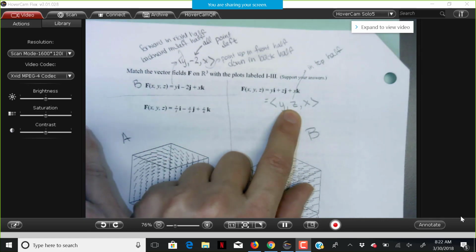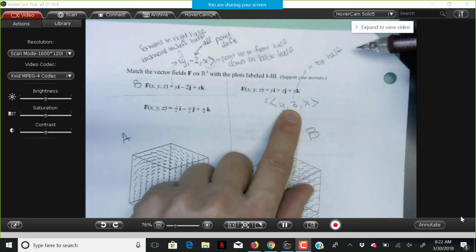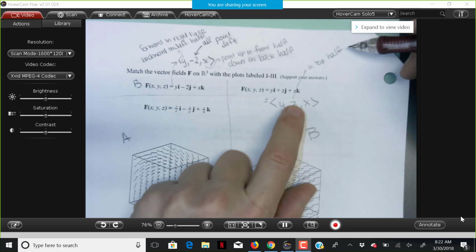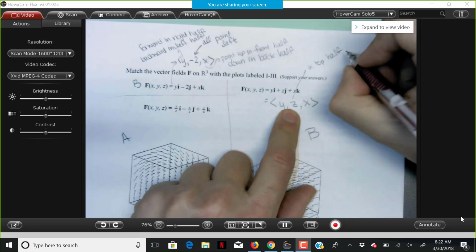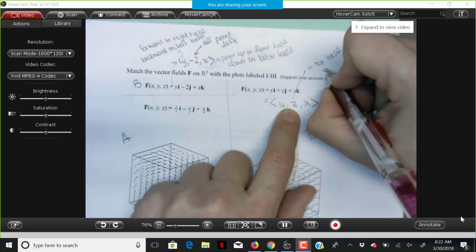Let me see if I can... The focus is not as nice as I would like it to be. Then that's the Y part of the vector, which is left and right, so they'll point to the right. So in the top half, the vectors point to the right.